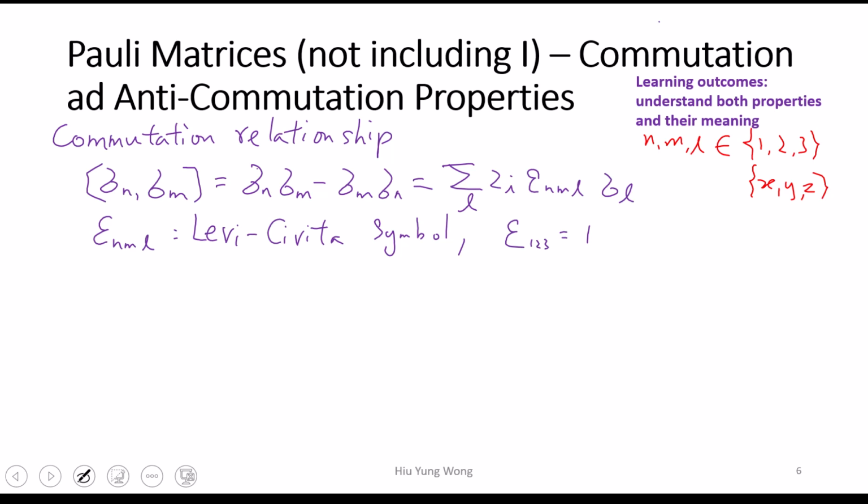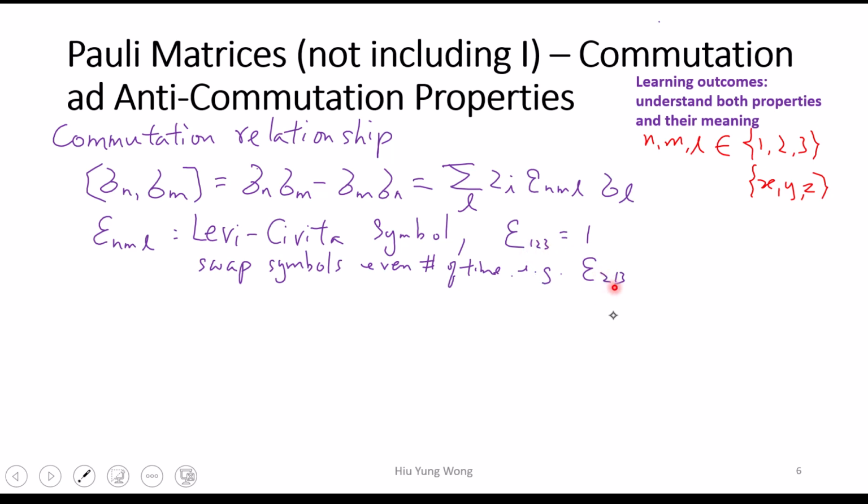Now, if you swap the symbols for an odd number of times, for example, epsilon 2, 1, 3. What did I do from here to here?